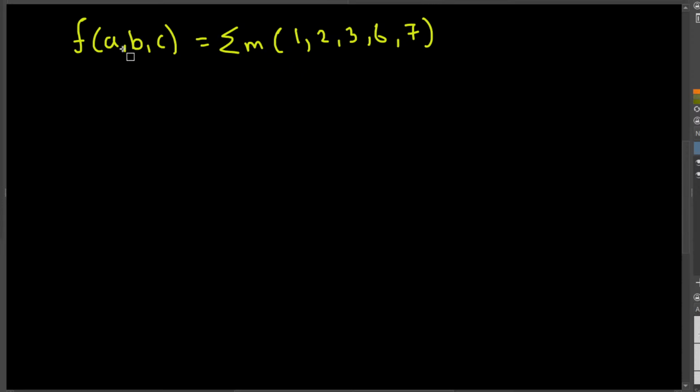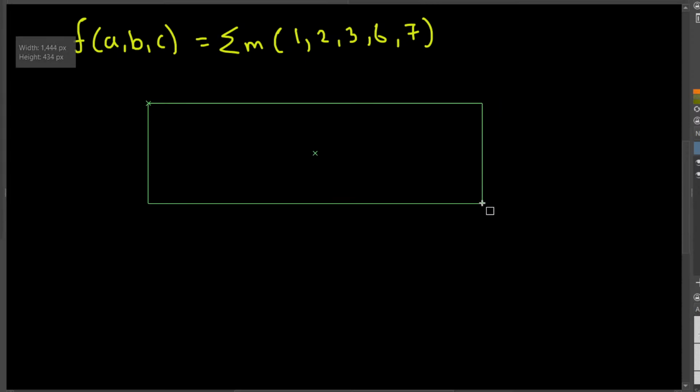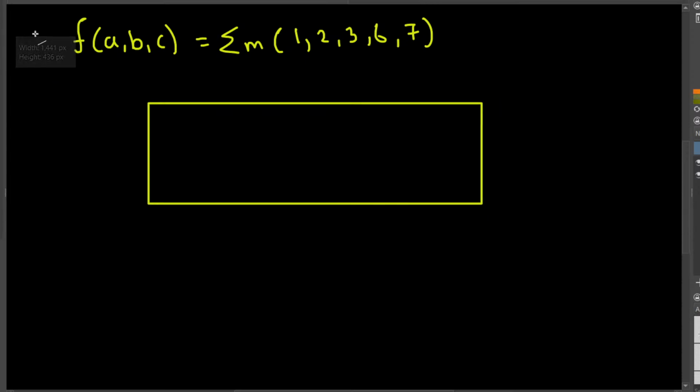Since we have three variables here, A variable, B variable, C variable, the number of addresses we are going to have is 2 power 3, that's equal to 8. So we have to create a K-map table with 8 addresses.